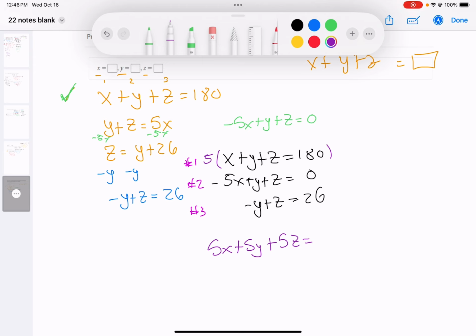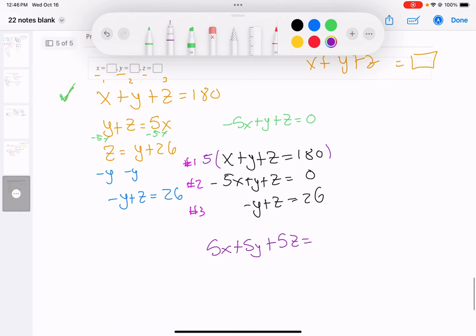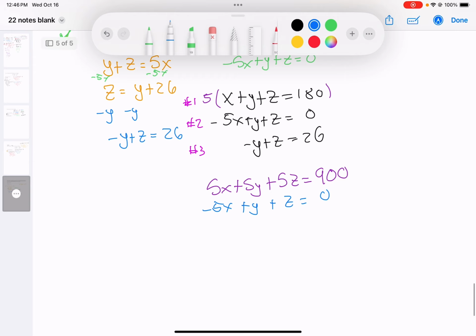Should be 900, but let me double check on my calculator. Times 5 is 900. Okay, and then I'm just going to write down number 2 again, which was negative 5x plus y plus z equals 0. Add these together, 6y plus 6z equals 900.